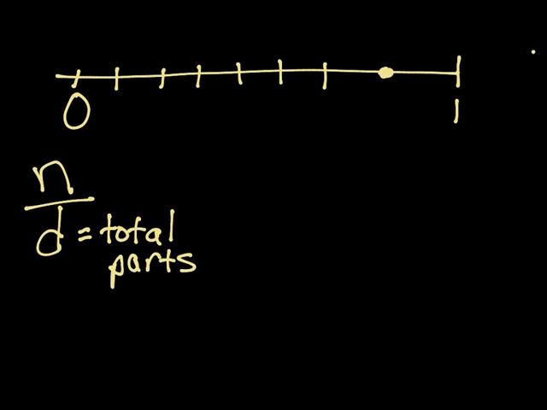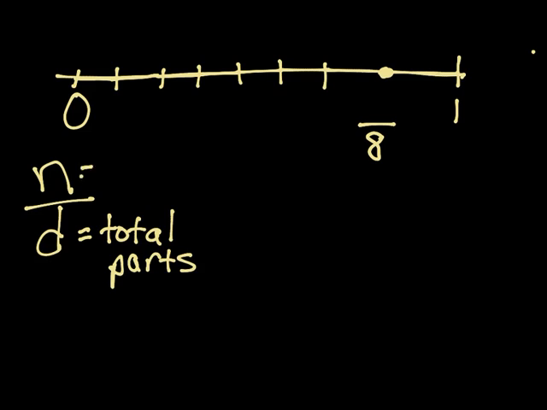So the first thing I'm going to do is look at how many equal parts there are in all. So 1, 2, 3, 4, 5, 6, 7, 8. So I know for that fraction, my denominator has to be an 8 because that is the total number of equal parts.